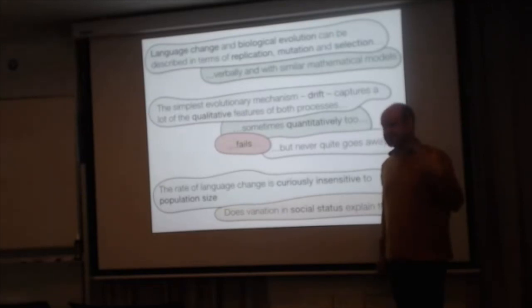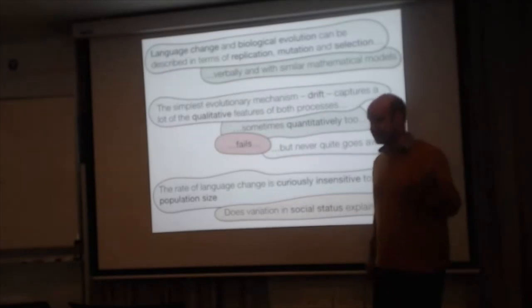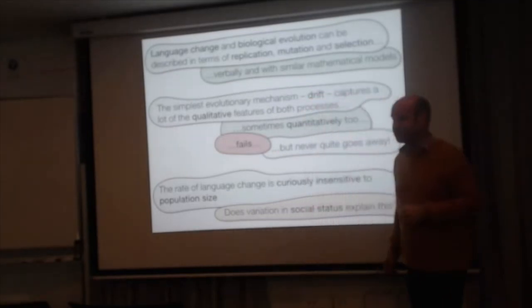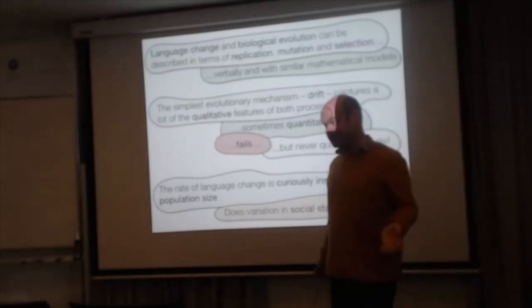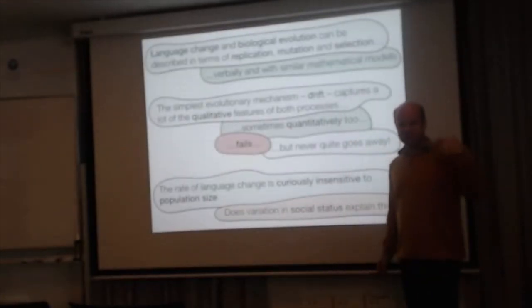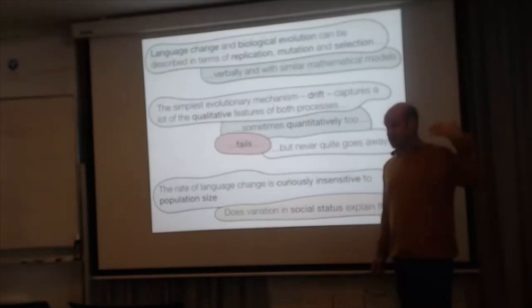Grammar changes more slowly than the word for sofa. No one would argue with that. In fact, we've seen that because one happened over 50 years and others will take 2,000 years. That's presumably because the one is more of a systemic thing. You have to change a whole system rather than just changing one component of that system. So there's a fairly obvious explanation for why those would happen on different time scales.